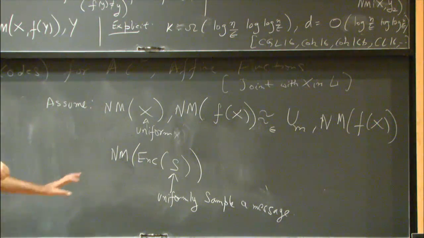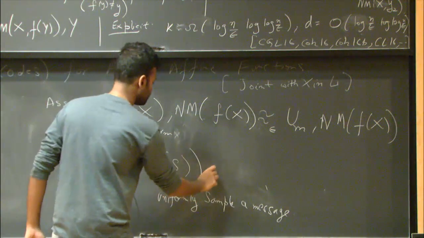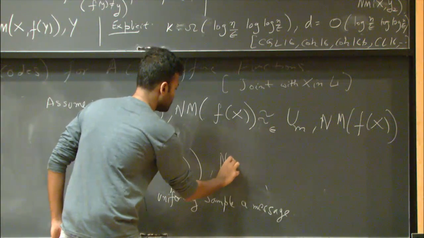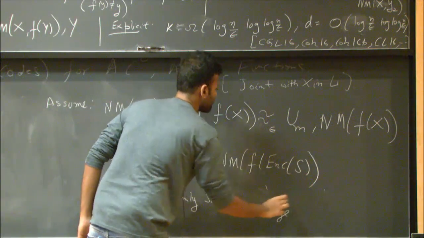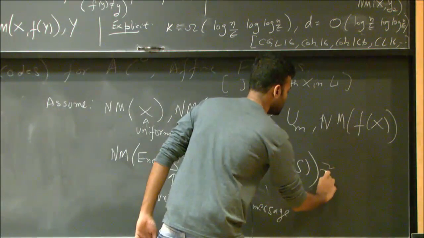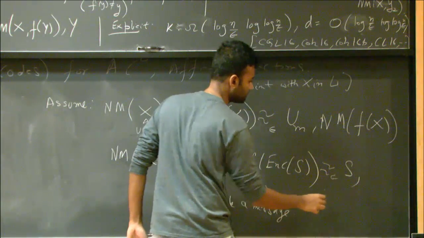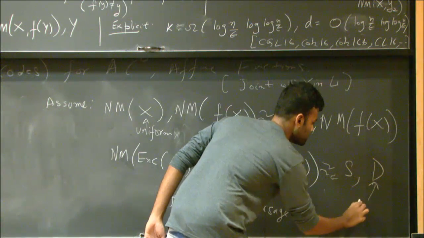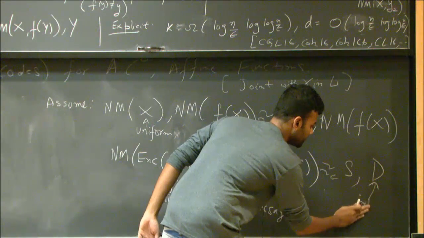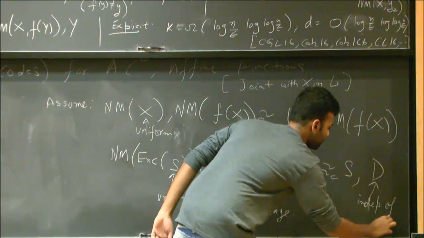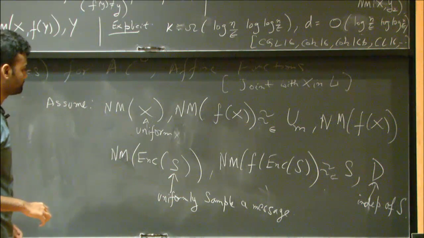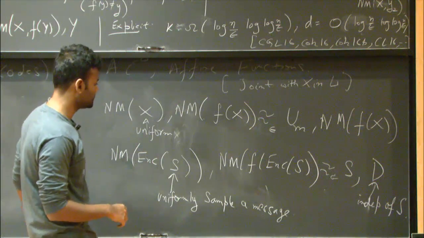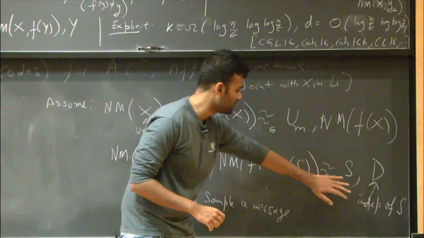Right, so we'll prove it for a random message and just pay in the error. Then this will be close to (S, D) for some distribution D, which is independent of S. So now this means that this distribution is close to D.